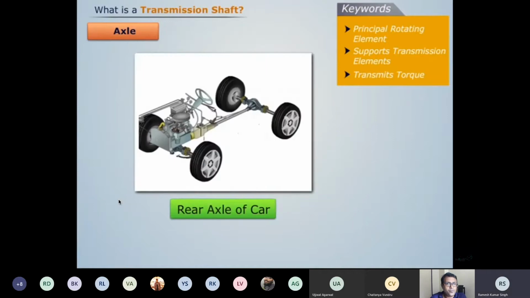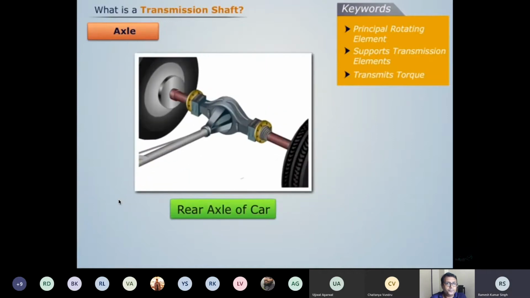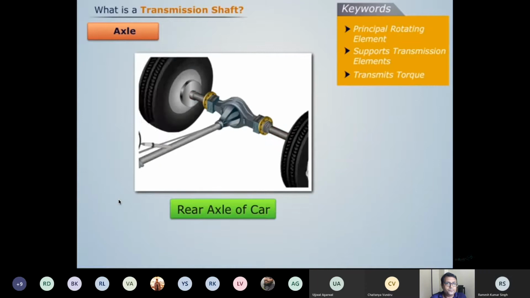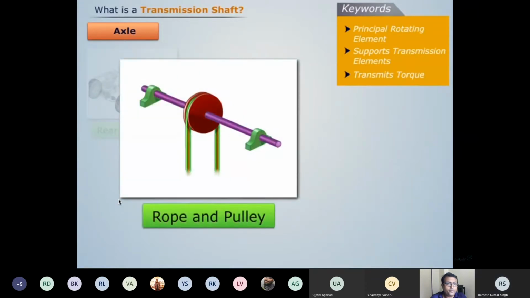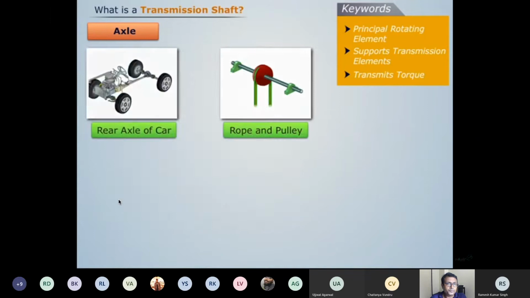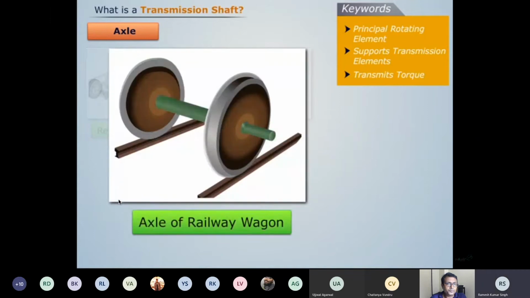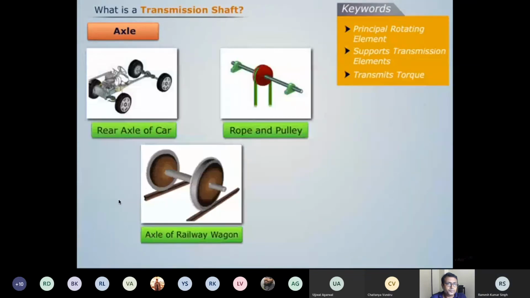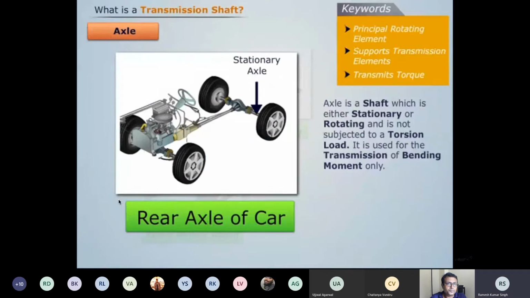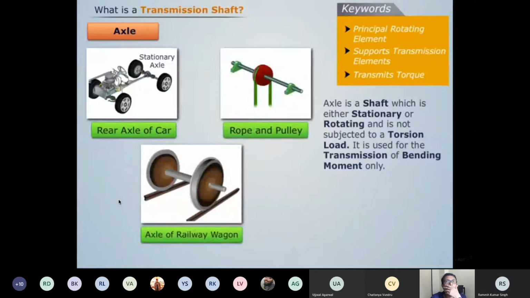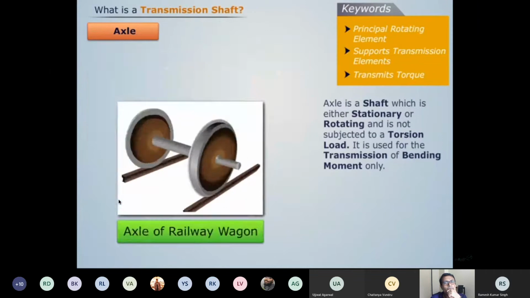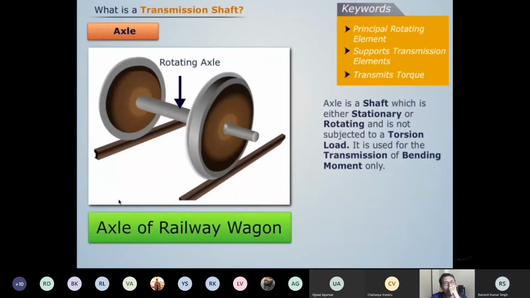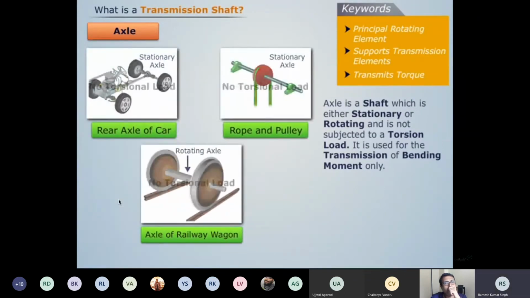Axle is a shaft that supports rotating elements like wheels of an automobile, rope pulley, wheels of a railway wagon, etc. It is either stationary or rotating and is not subjected to a torsion load.